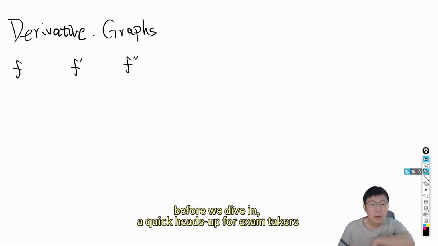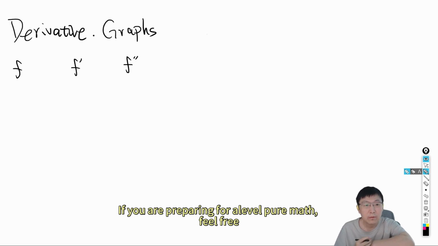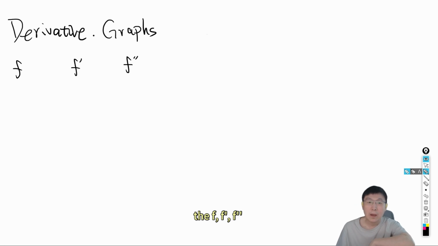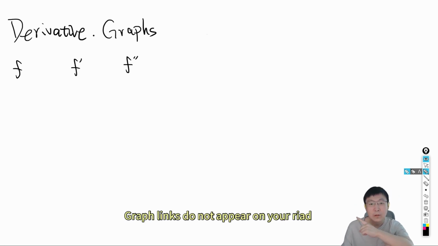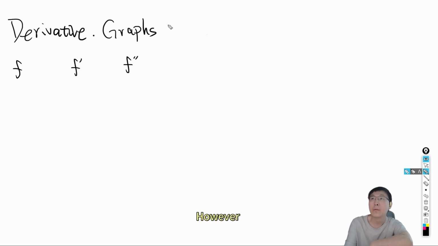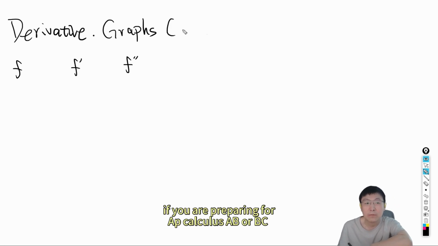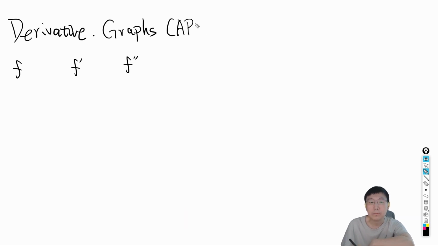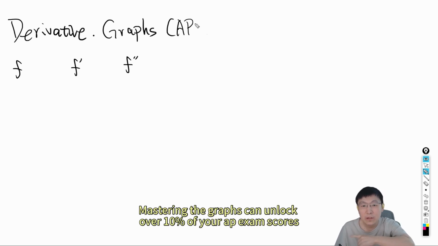Before we dive in, a quick heads up for exam takers. If you are preparing for A-level pure math, feel free to skip the video. The f prime, f double prime graph links do not appear on your exams. However, if you are preparing for AP calculus, AB or BC, this is gold. Mastering the graphs can unlock over 10% of your AP exam score.